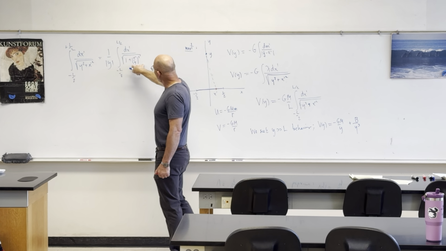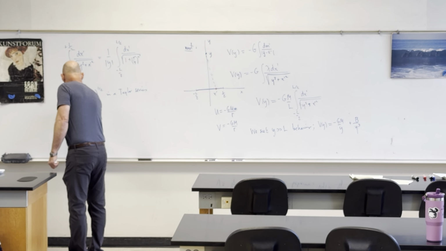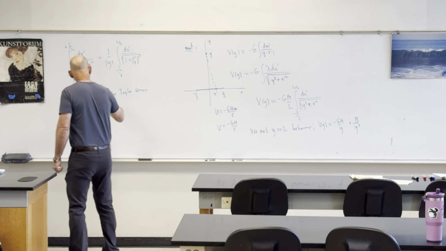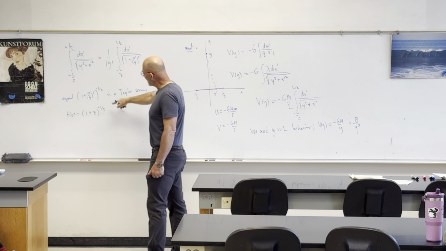So you could say I've got f of z equals 1. Oh, by the way, there's a minus 1/2, very key. So we have 1 plus z to the minus 1/2. And we expand it to a couple of orders. And remember, the z is that quantity squared, but that's okay.